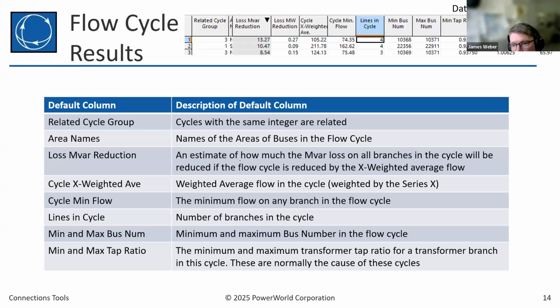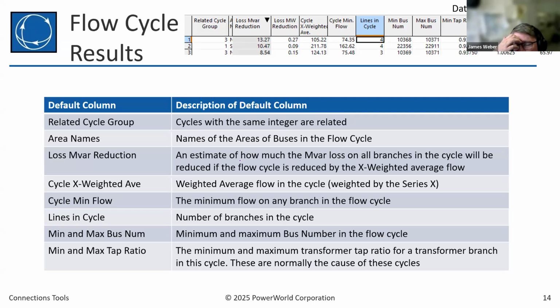It says, if I reduce the megavar flow in this circulating set of branches by the same amount, it doesn't really represent a power flow like calculation. It's just like, if I could magically reduce that and get rid of that circulating var flow, how much would the megavar losses in the system reduce?